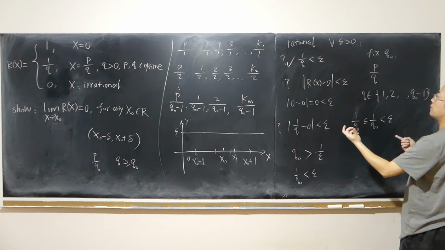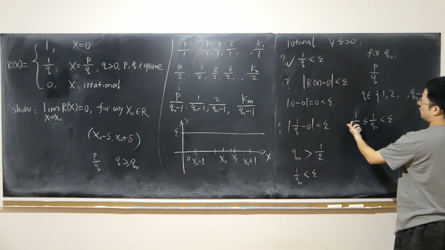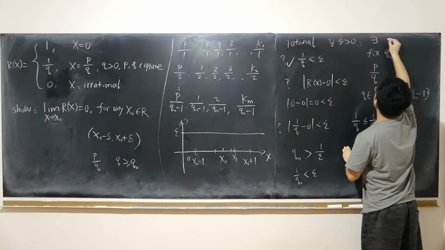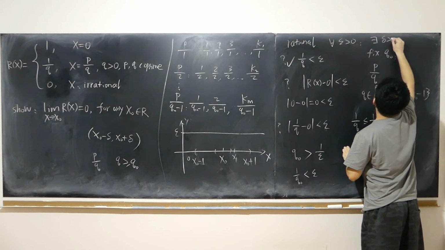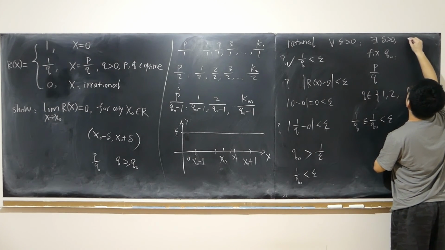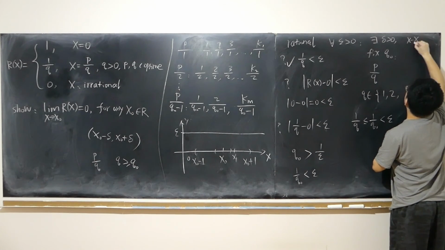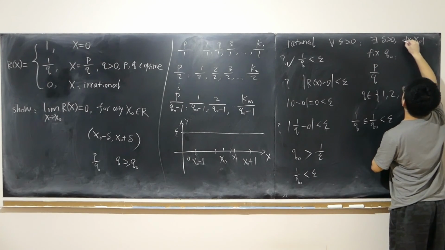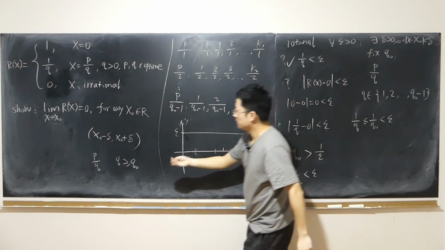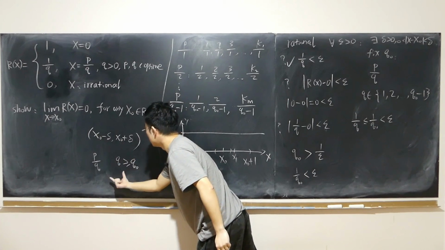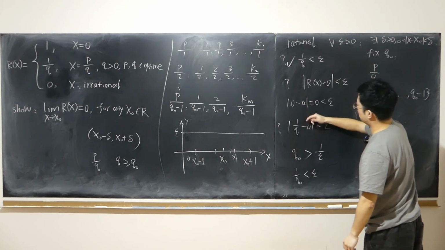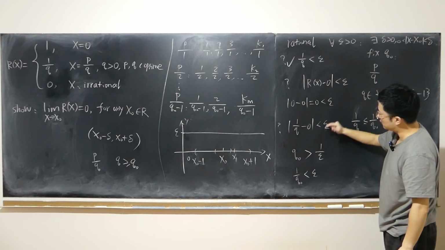Indeed, I really found a delta positive, so that when x minus x naught is bigger than 0 and less than delta, in this deleted neighborhood, it's small enough, less than epsilon.